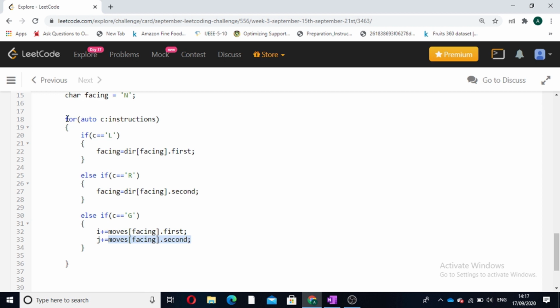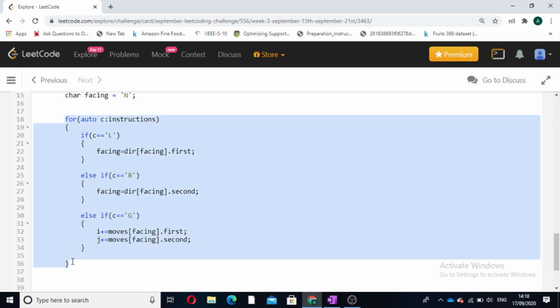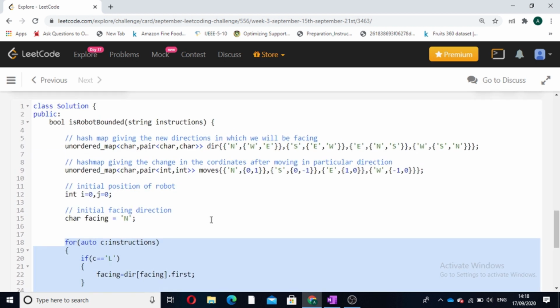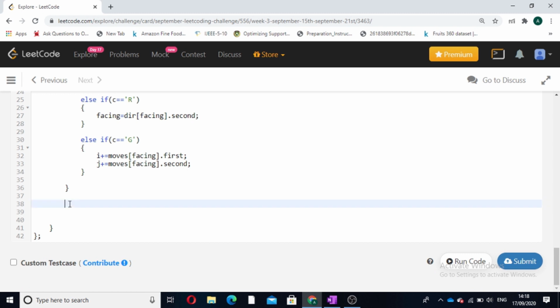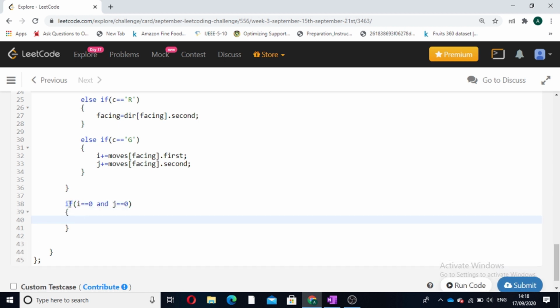So after this, i and j are updated. Now once this loop is over, we have followed all the instructions, and now if our i is equal to 0 and j is equal to 0, it means that after following all the instructions, we have again come back to our original position, like in this case.